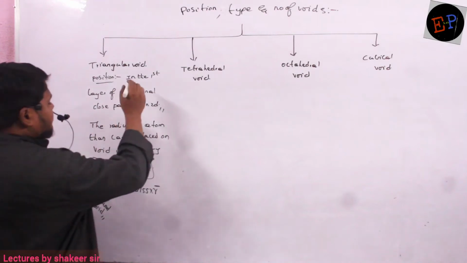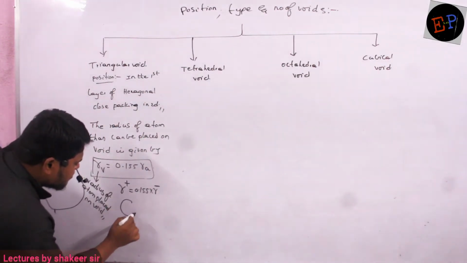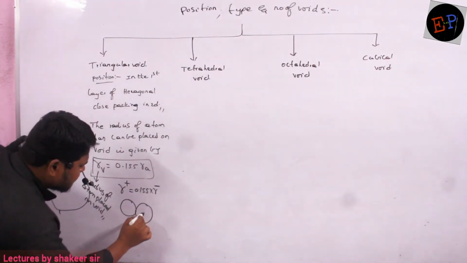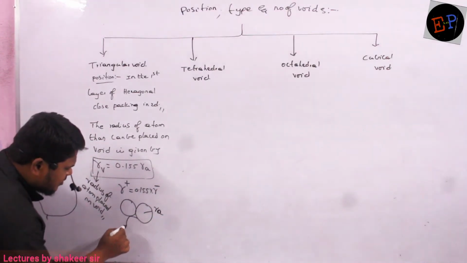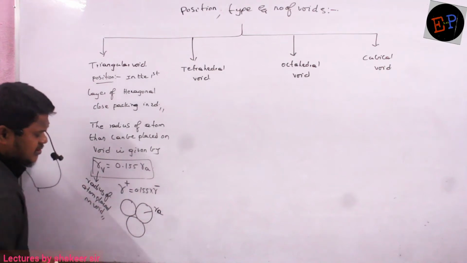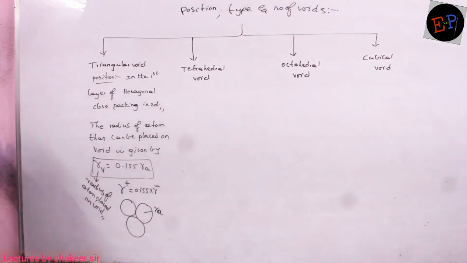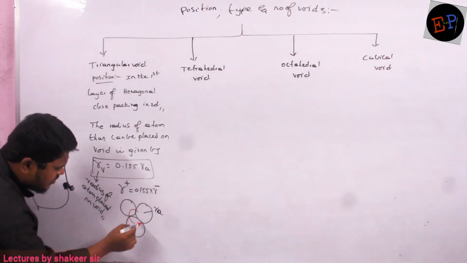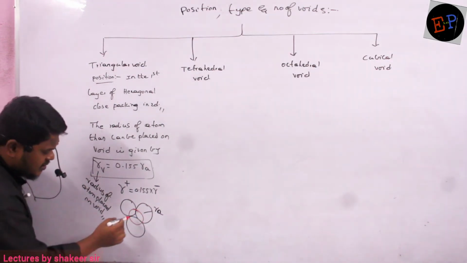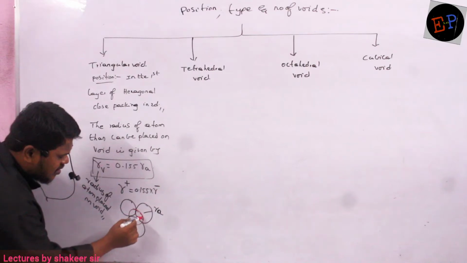Or if you want to draw a figure, Sima. So this is RA, the radius of the original atom. Okay. And in hexagonal packing, here I will get a triangular void, no ma? So on that triangular void, what can be the radius of the atom I have to place? This is the radius of the atom I have to place. And that radius is given by RV.